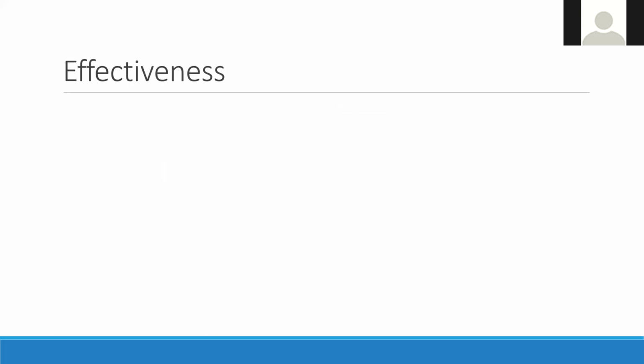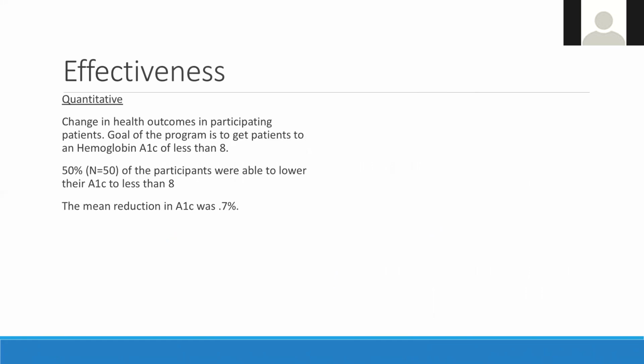And you would learn a lot more about who is or is not participating and what was driving that. In terms of effectiveness, this is also a patient or intended target person measure. So quantitatively, the goal of a diabetes self-management program is likely to try to reduce A1C. That's what all diabetes management programs seem like they're trying to do.